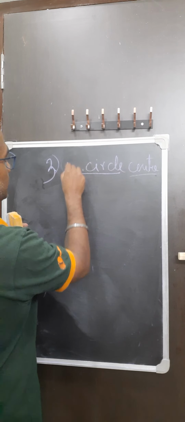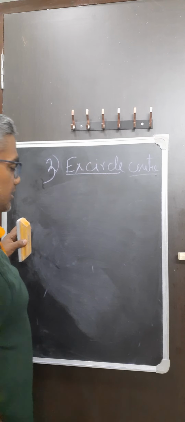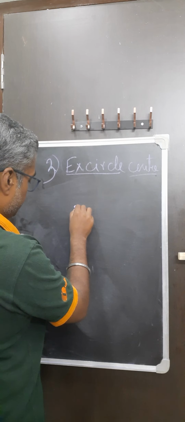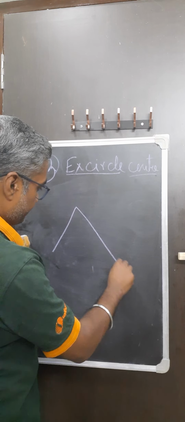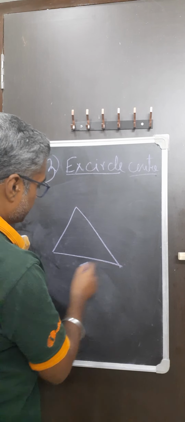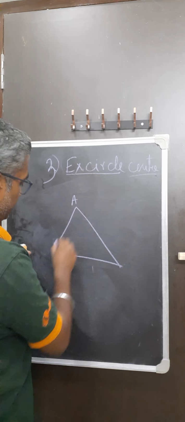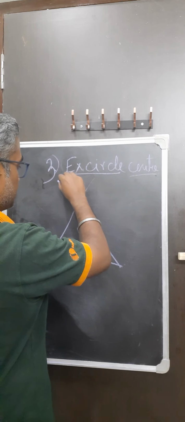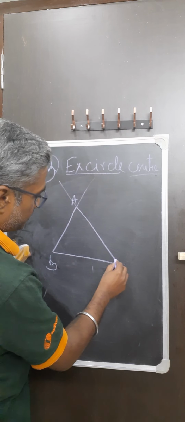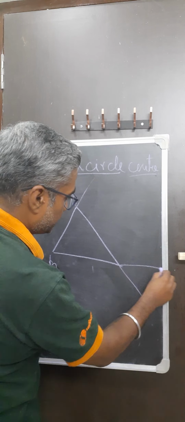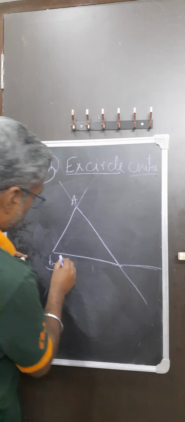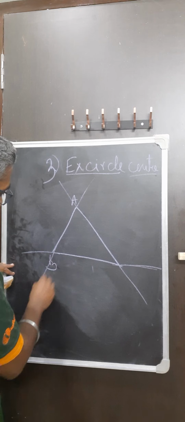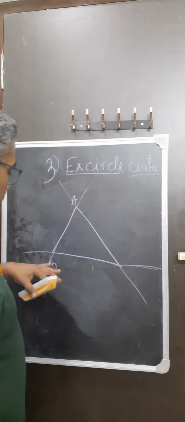The third topic is the excircle center. First we have to understand what an excircle is, then we will come to the excircle center. In a similar way, for discussion purposes, I am extending all the lines a little bit outside because it will be helpful to explain.